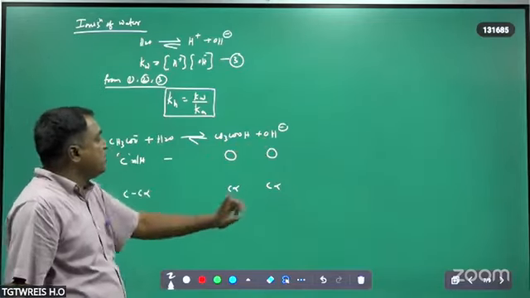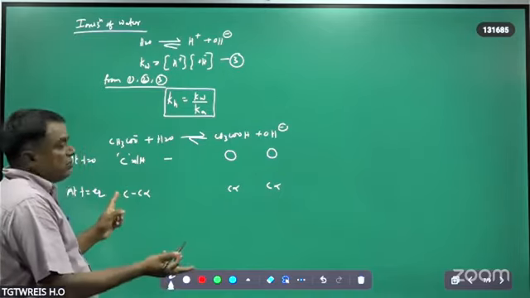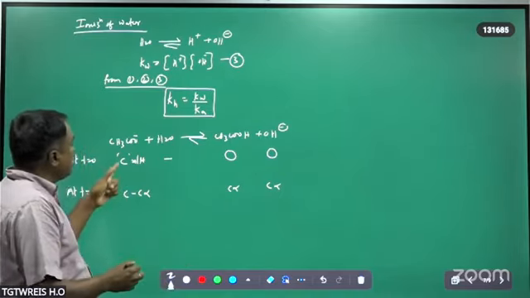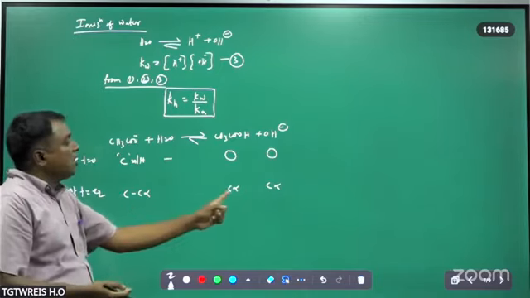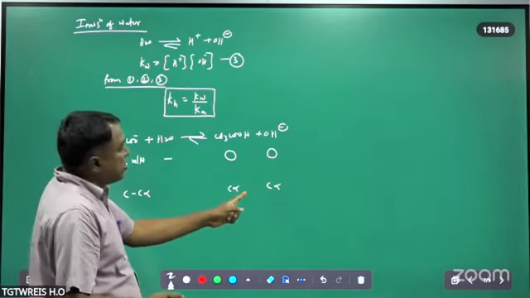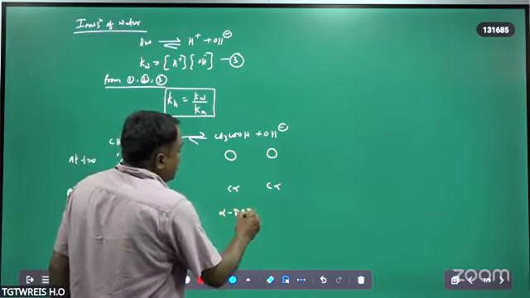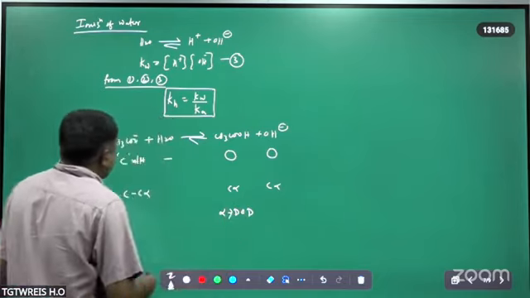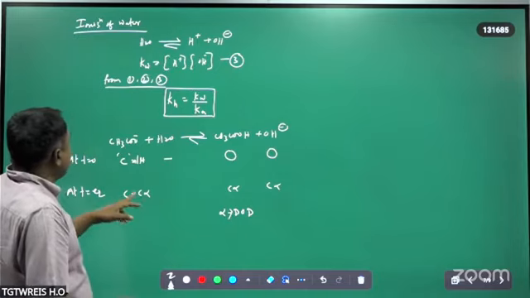But the acetate will be C minus C alpha, since initially it is C. Alpha is the degree of dissociation. Therefore, you substitute C minus C alpha.